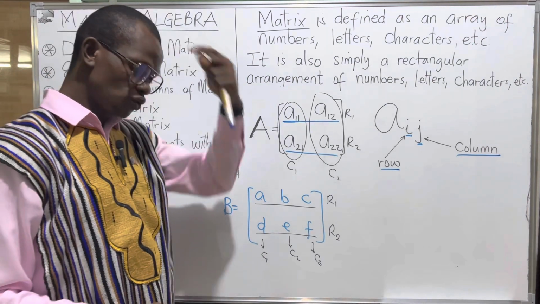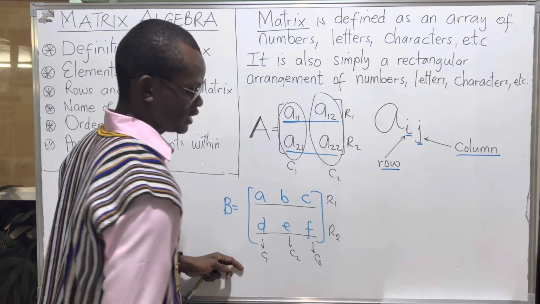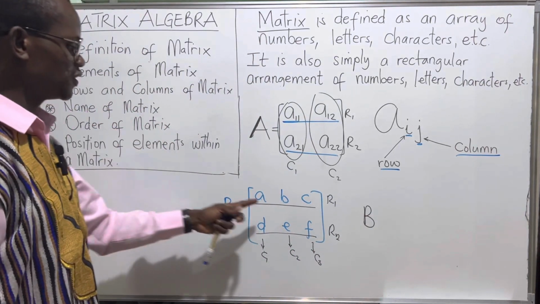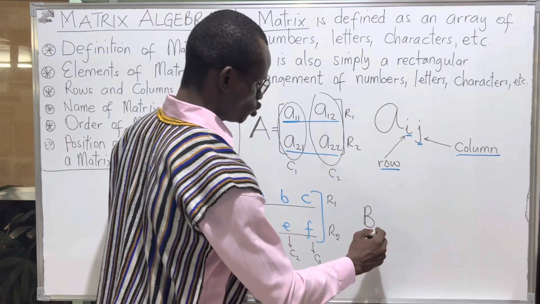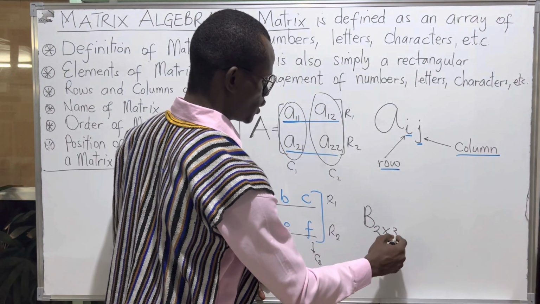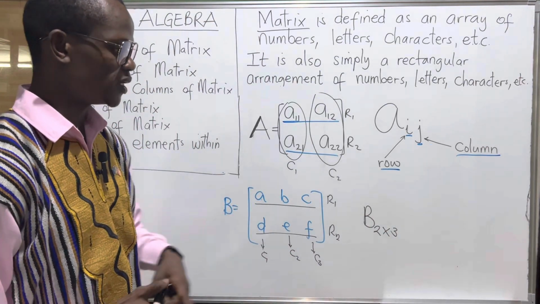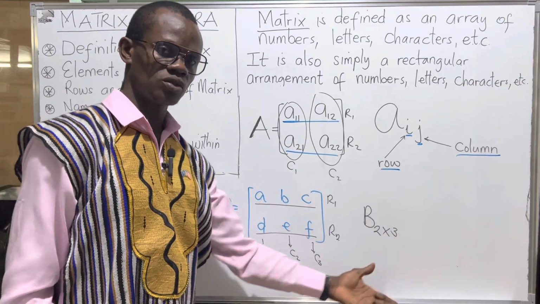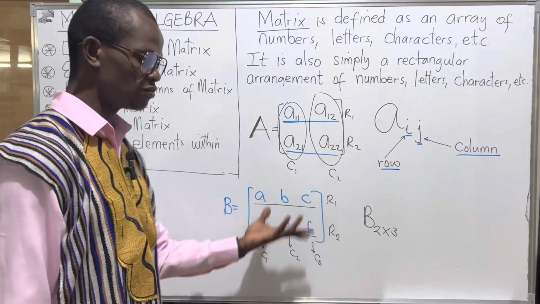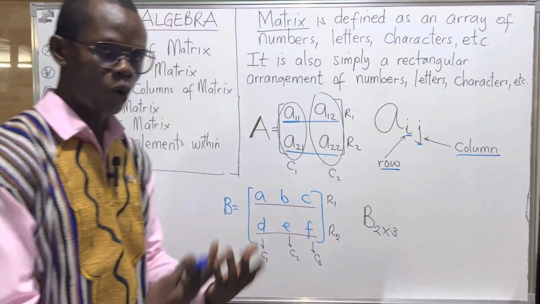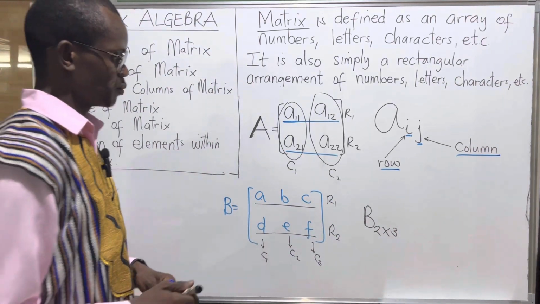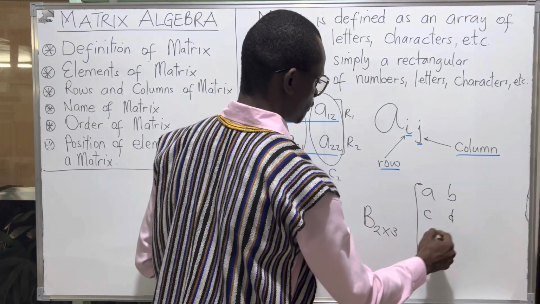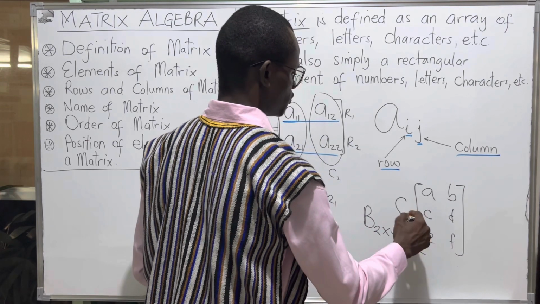So based upon the rows and columns, the order of this matrix will be a 2 by 3 order, or the dimension would be 2 by 3. If they ask you what the dimension of this matrix is, it is a 2 by 3 matrix. Or if they ask you what the order of this matrix is, it is a 2 by 3 order matrix, right?